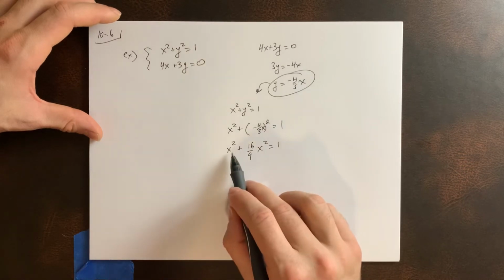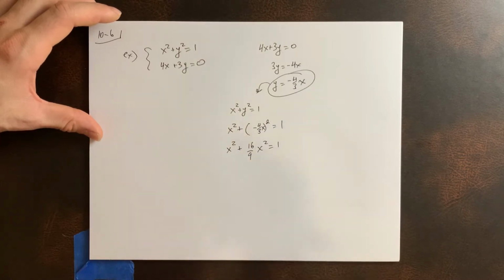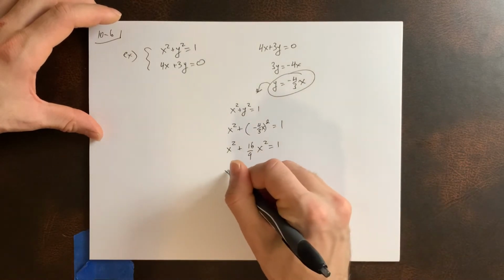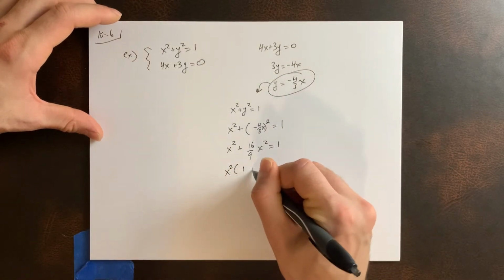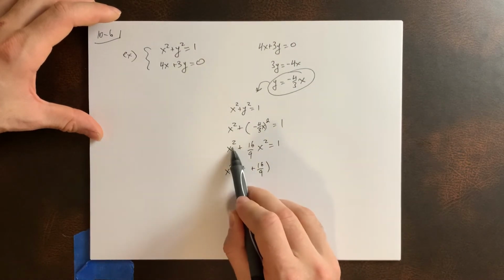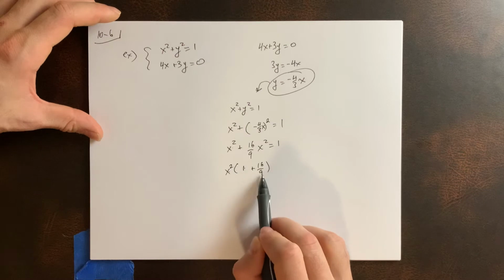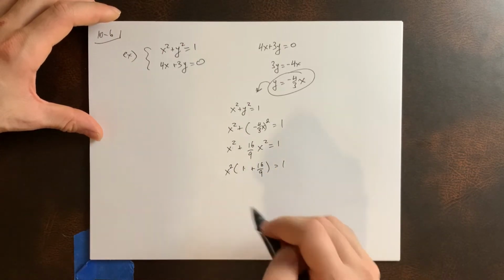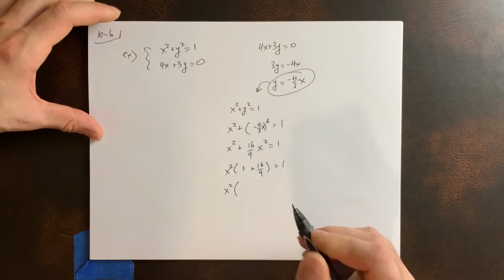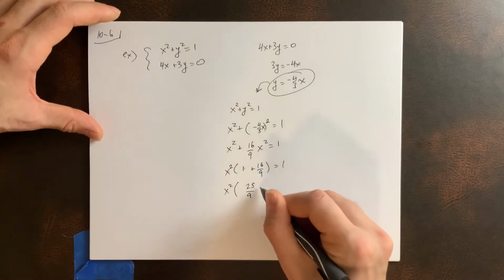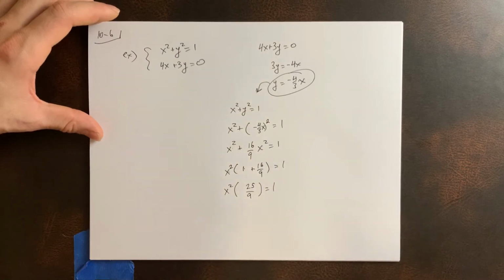Here, let's factor out the x squared. So we have x squared times 1 plus 16 over 9. The x squared times 1 is this x squared, and x squared times 16 over 9 is that piece right there, and that equals 1. We can add these two numbers together, giving x squared times 25 over 9 equals 1.